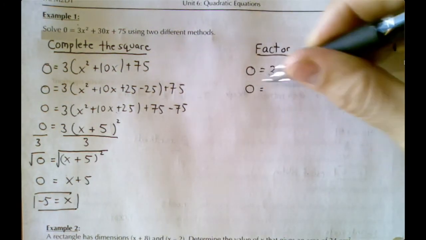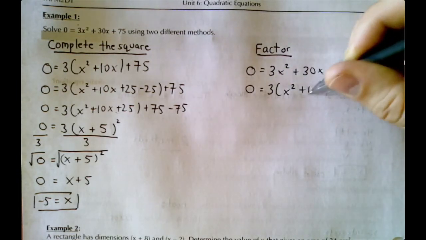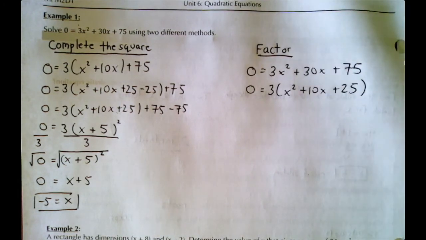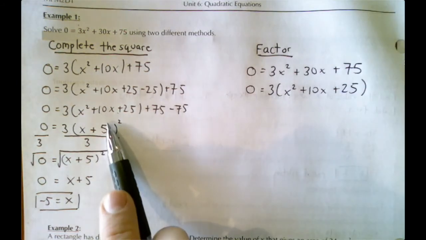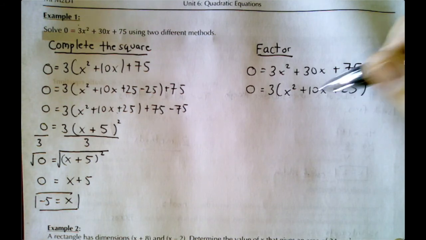So we can common factor 3. That leaves us with x squared plus 10x plus 25. And now, to factor x squared plus 10x plus 25, that actually kind of looks familiar to this. And it's because we have a perfect square trinomial. Or, if we didn't identify that, we'd just be looking for numbers that multiply to 25 and add to 10, and the answers are 5 and 5.